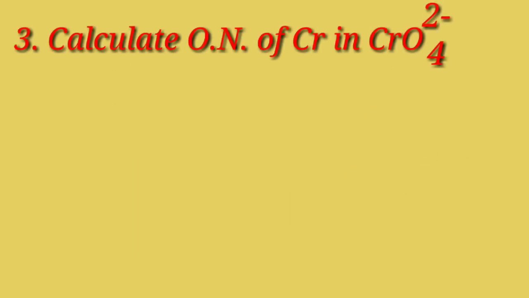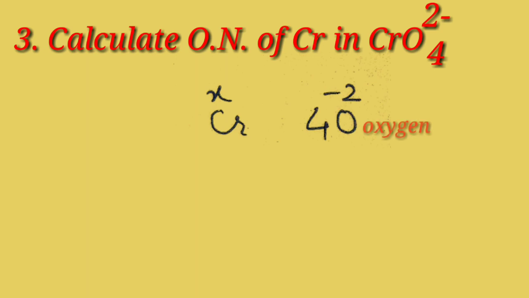Next is calculate oxidation number of chromium in chromate ions, that is CrO4 2-. So over here, let us consider the oxidation number of chromium as X and that of oxygen is -2. So there are 4 atoms of oxygen. So we can write as X plus 4 into -2 is equals to -2.